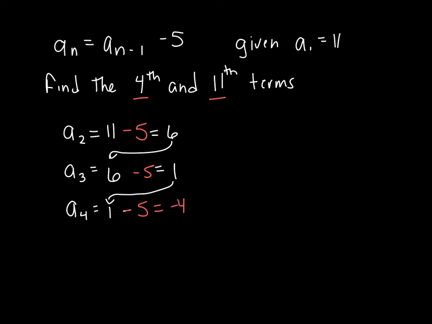So now I found that one, the 4th term, and the way I would write that again is A4, the 4th term, is equal to -4. Now just go ahead and keep up the pattern. If you've noticed, what I did here is I made sure that each time I was just subtracting 5.